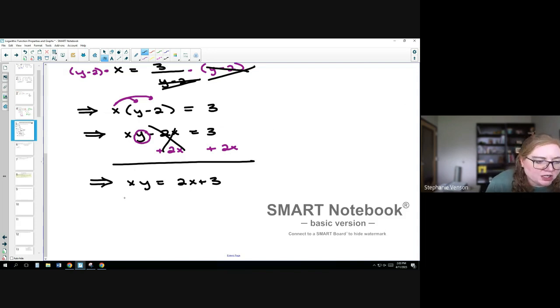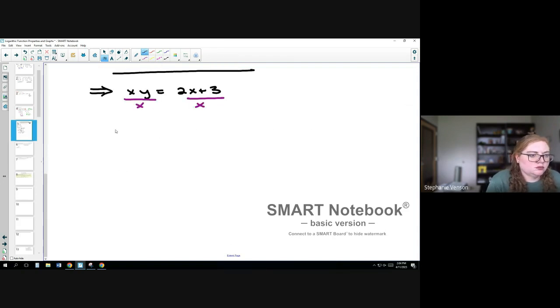Now I've almost done it. I've almost isolated the y. The only thing I have left to do is divide both sides by x because x is currently being multiplied by y. So I divide both sides by x. So I get y equals 2x plus 3 over x.